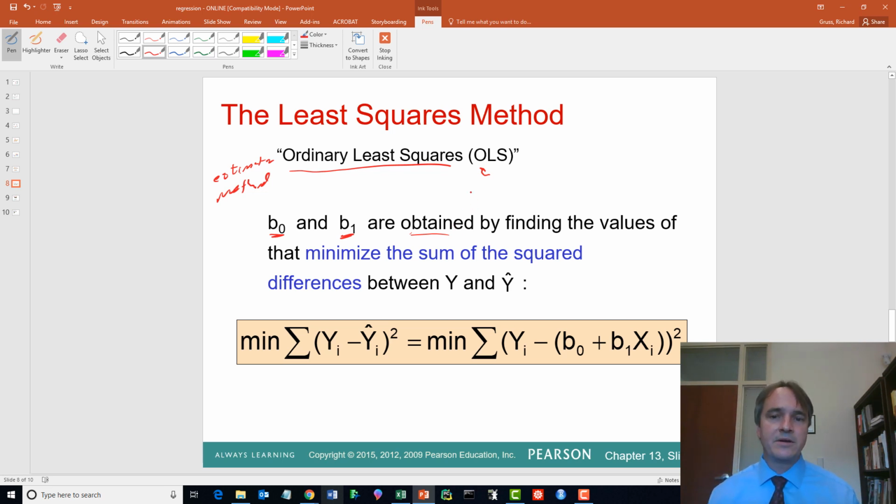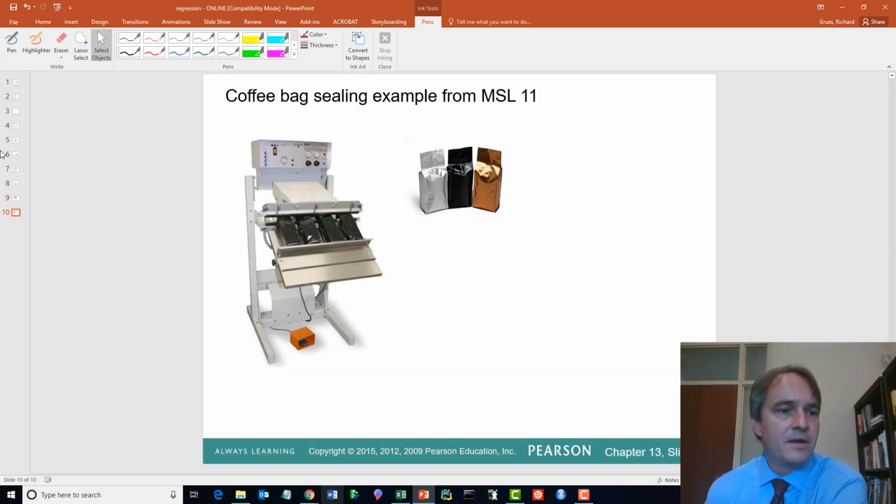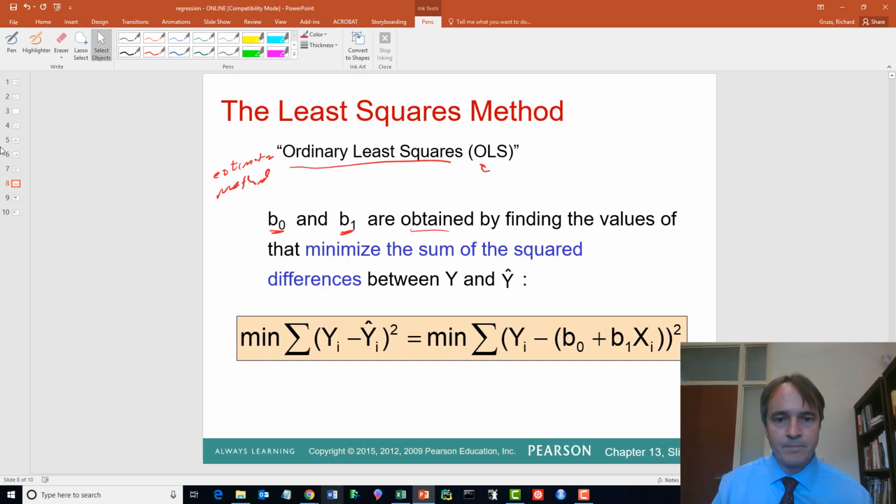So it's called ordinary to differentiate it from other estimation methods like generalized least squares or weighted least squares, or there are any number of them, maximum likelihood, plus a bunch named after two statisticians. But we're just going to stick with ordinary least squares. And thankfully, this is what Excel uses. So Excel uses ordinary least squares.